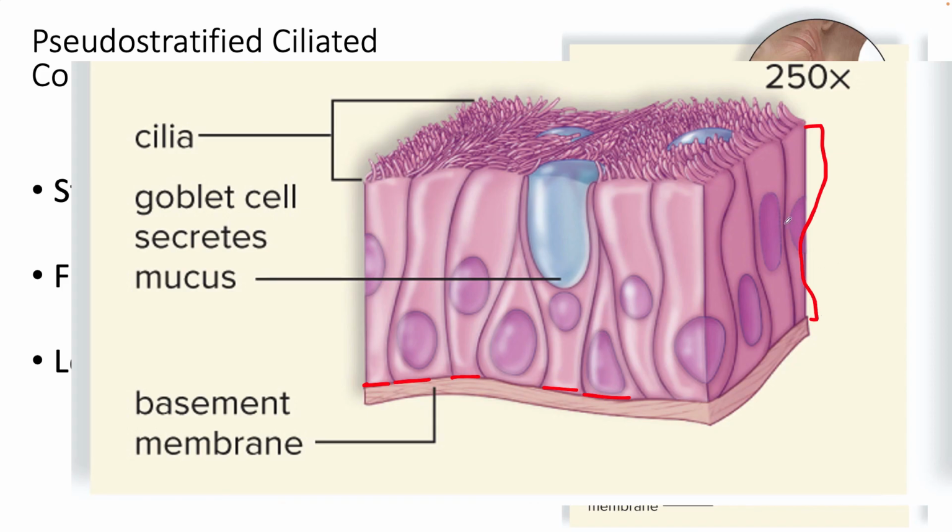Anyway, tall, thin cells. And then again, remember we talked about simple columnar cells before having goblet cells. Pseudostratified columnar cells also have goblet cells, but they also have this other thing on them called cilia. And cilia are little extensions of the plasma membrane that beat back and forth.